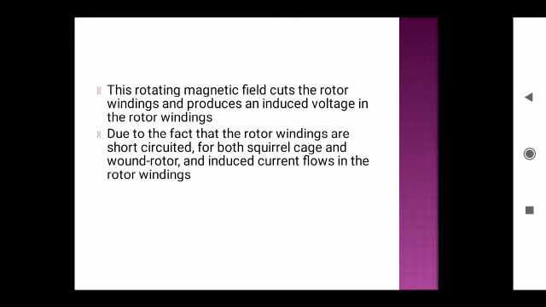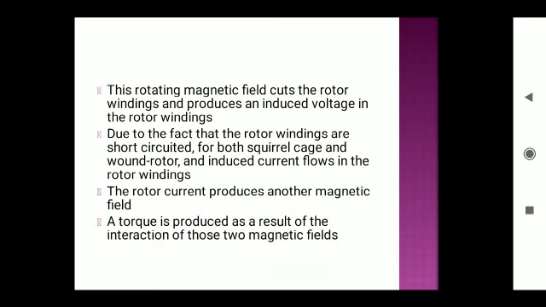Due to the fact that the rotor windings are short-circuited for both squirrel cage and wound rotor, an induced current flows in the rotor windings, and the rotor current produces another magnetic field, and a torque is produced as a result of the interaction of those two magnetic fields.